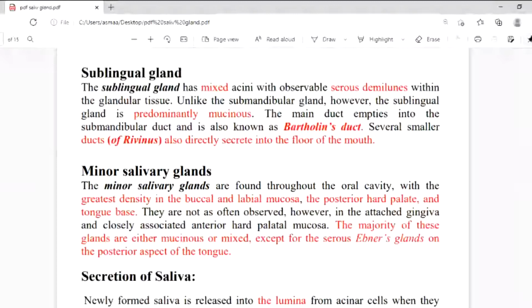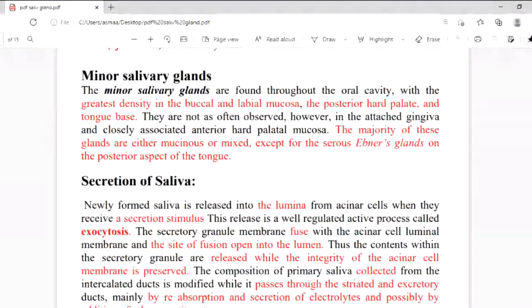Minor salivary glands. What about the minor salivary glands? These are in the oral cavity, with the greatest density in the buccal and labial mucosa. They are found mostly in the buccal mucosa, the labial mucosa, the posterior hard palate, and also the tongue base. These are the areas where minor glands are most present.